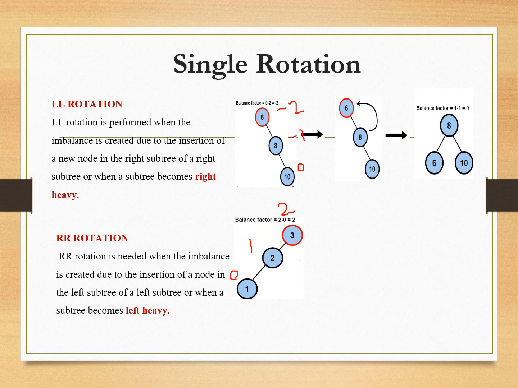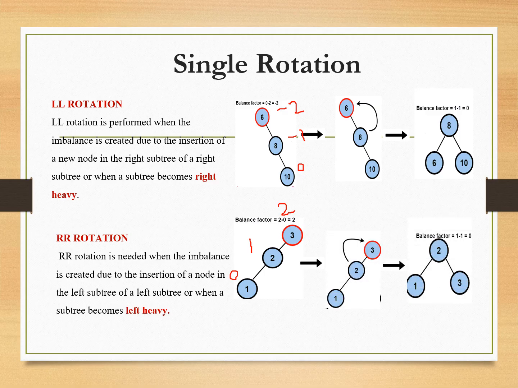The left hand side is heavy, so to make it balanced, you rotate it to the right. When we rotate 3 to the right, 2 comes to the top and 3 comes to the right. Now the tree is balanced and the property of BST is also satisfied. So this is how single rotation is performed.